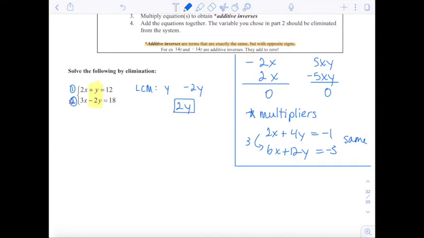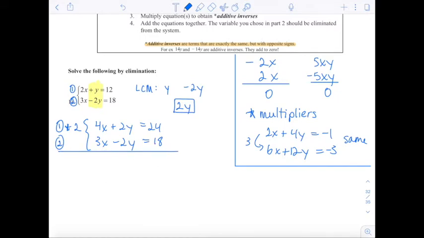So what I want to do is develop additive inverses using multipliers. I'm going to take the first equation and multiply it by 2, and I'm just going to copy and paste the second equation. Remember, I have to multiply every term in the line by the same multiplier so that I don't change the line. In choosing that multiplier, I've created an additive inverse in my y terms.